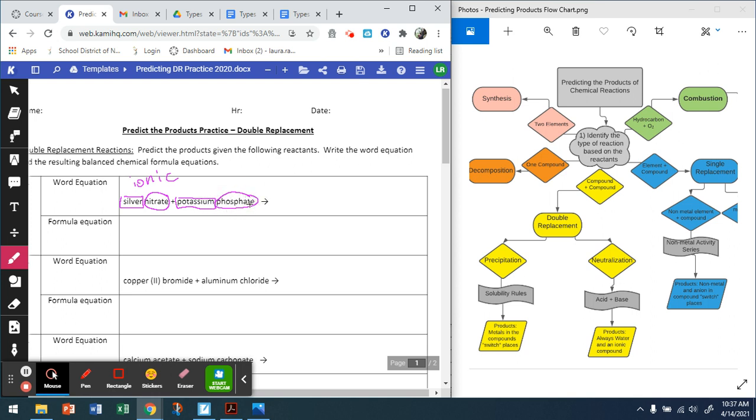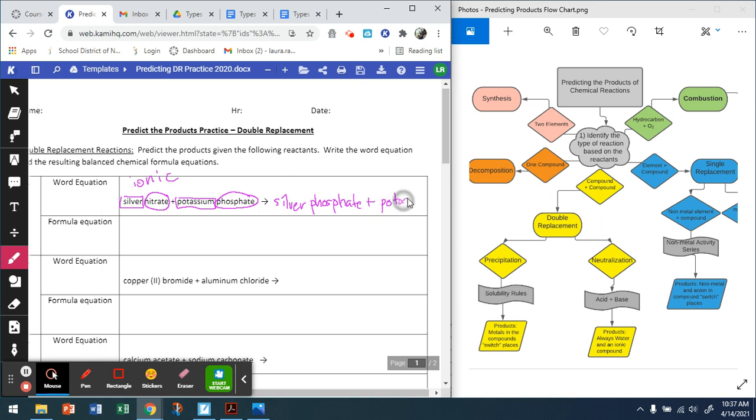So we're going to circle those. Now, in the end, we need to still end up with a circle with a box. So the silver has to go with the phosphate. And our other product could be potassium nitrate.